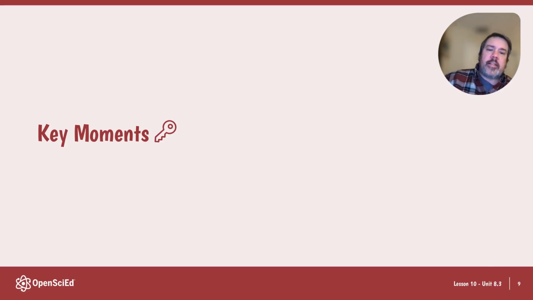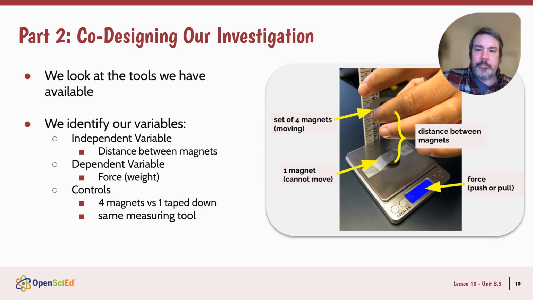So let's take a look at some of the key moments in this lesson. In part one of the lesson, we revisit the driving question board. We realize we have a lot of questions about the distance between them, about factors, about things that determine the strength of magnets. So we decide that we want to develop this investigation, and we're going to co-design it as a class.